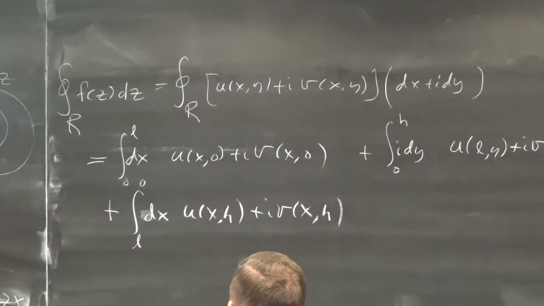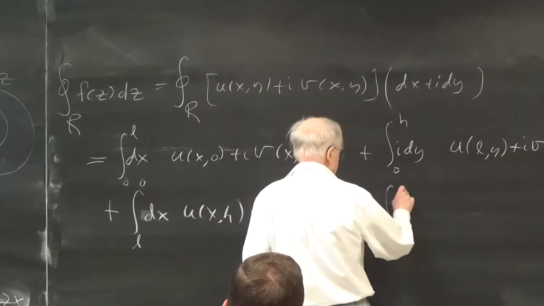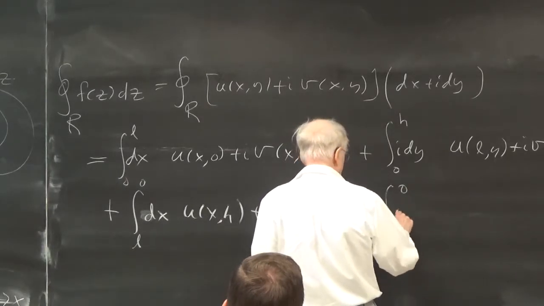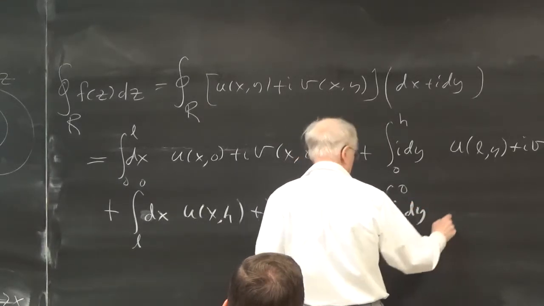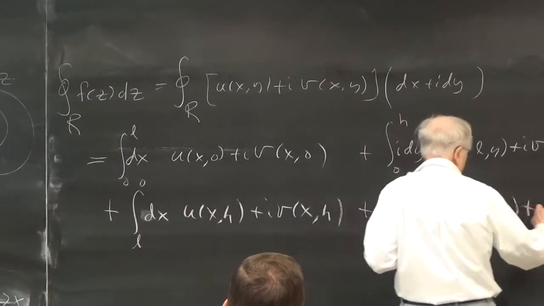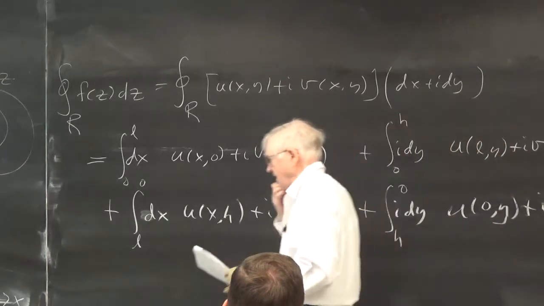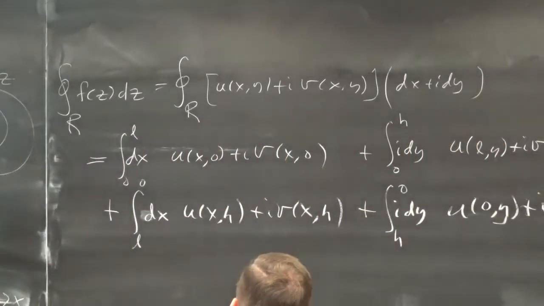So what we're saying is that y is equal to h, but we're going that way on x. And then finally, an integral from h to 0 i dy of u of 0 and y plus i v of 0 and y. And x is 0 because we're going down this thing here.